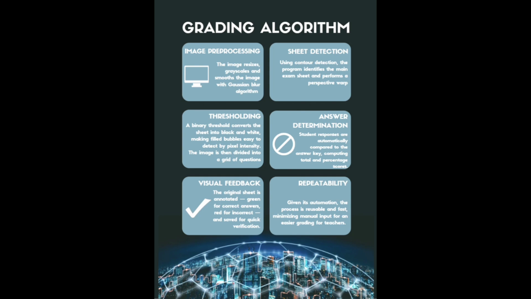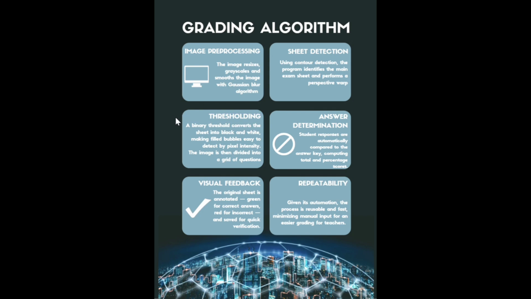First off, the algorithm uses image pre-processing to resize, grayscale, and smooth the image, also using a Gaussian blur algorithm. This is preparation for the actual sheet detection, which uses contour detection to identify the exam sheet and performs a perspective warp to have an aligned paper.